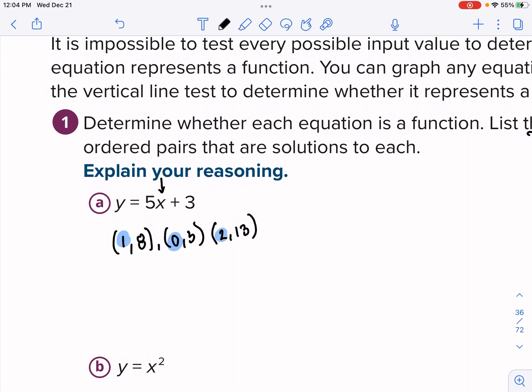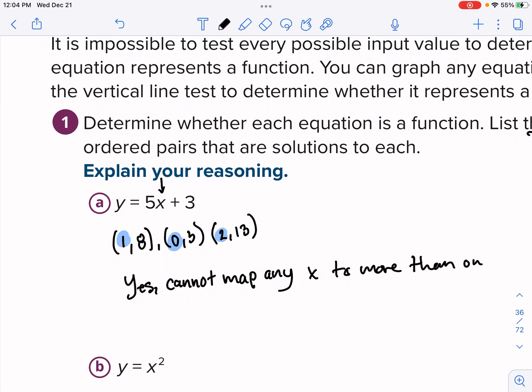So let's just put yes. We cannot map any x to more than one y. So we'll say for now that it's a function.